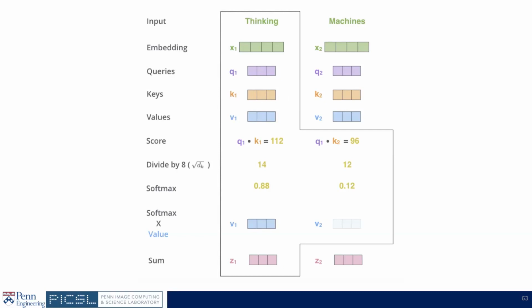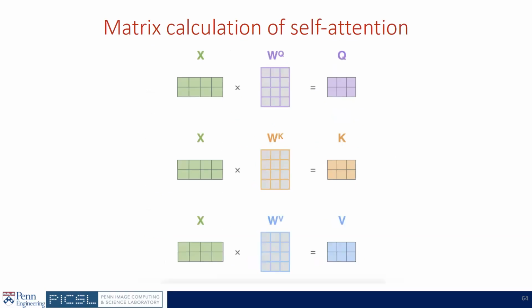So this is for one word at a time, but this is deep learning, so you can stack everything together, right? All the inputs in that particular sentence, so thinking, machines, whatever, you can stack them together, and then you can have a corresponding query weight matrix as well. Again, stack them together.